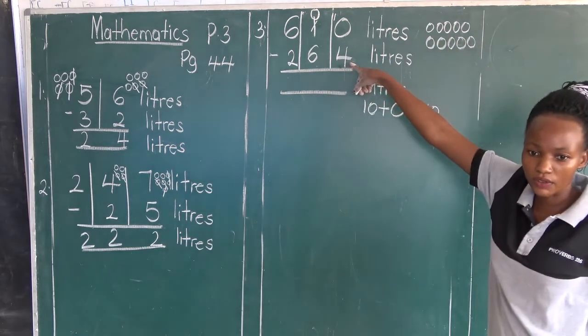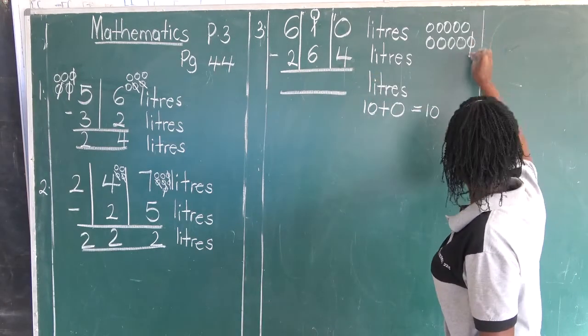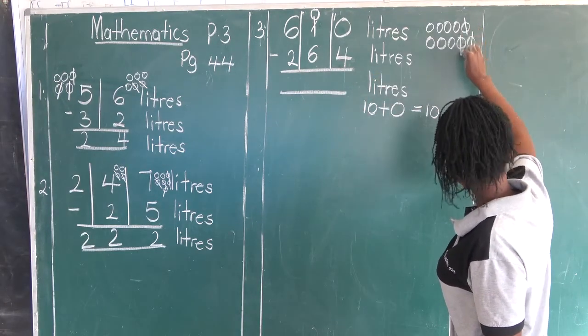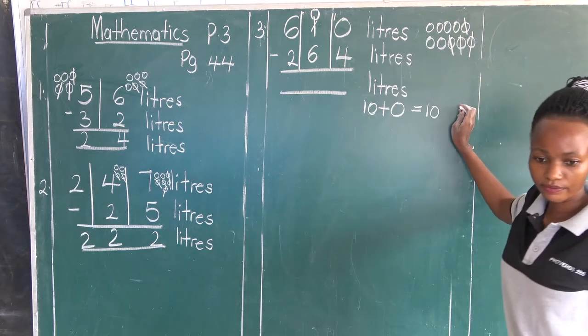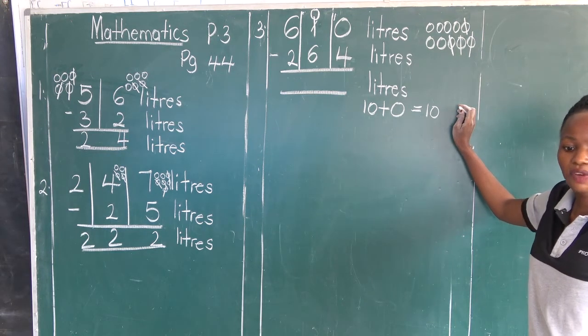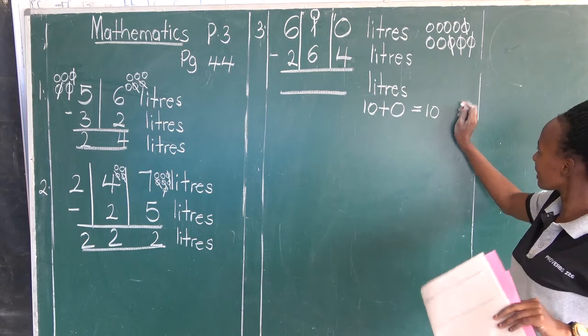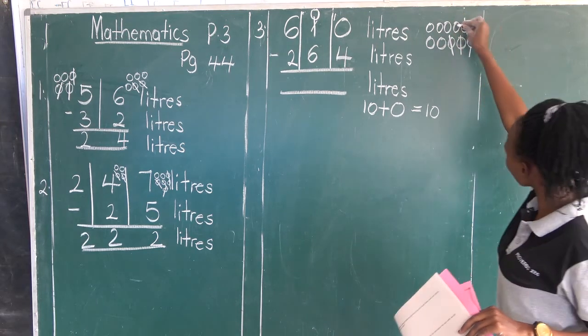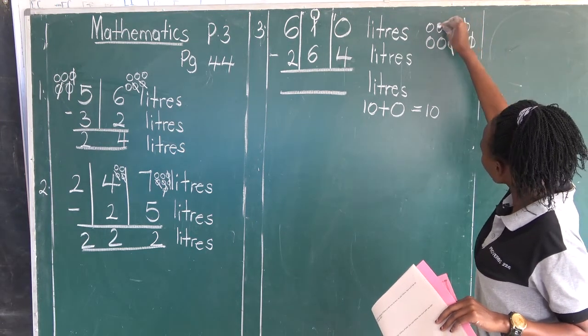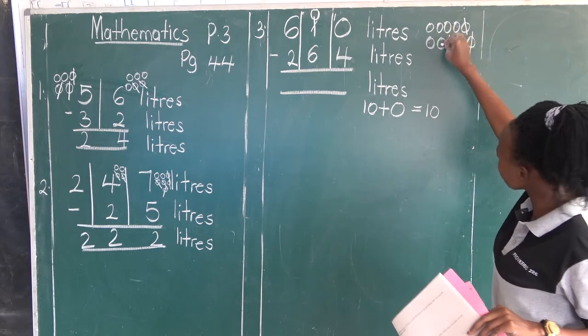Cross out 4: 1, 2, 3, 4. After crossing out, now count and see how many remain: 1, 2, 3, 4, 5, 6.